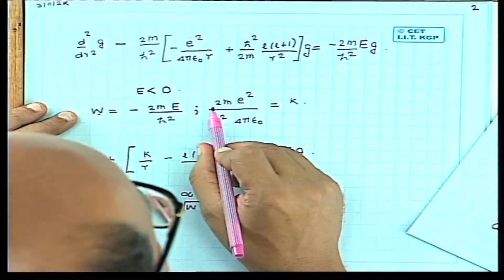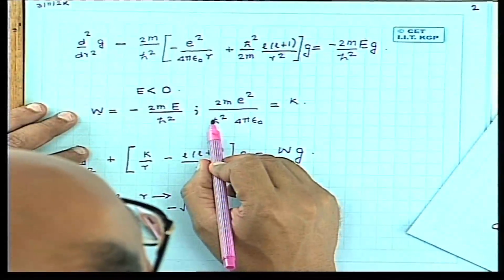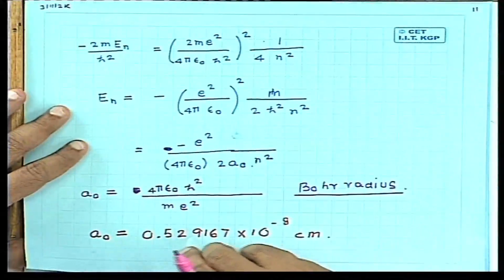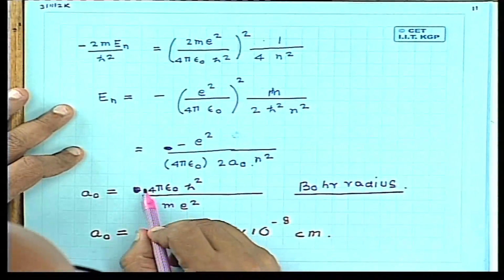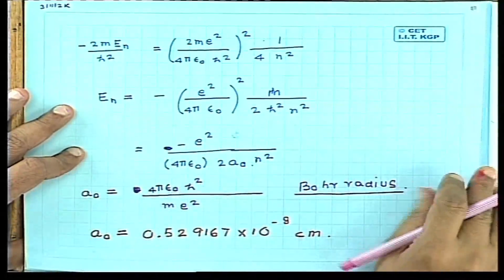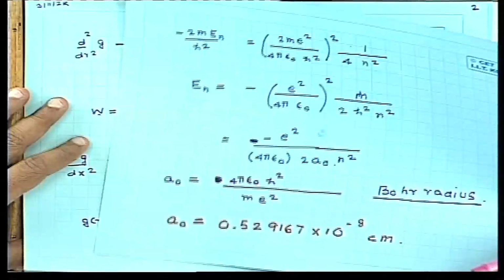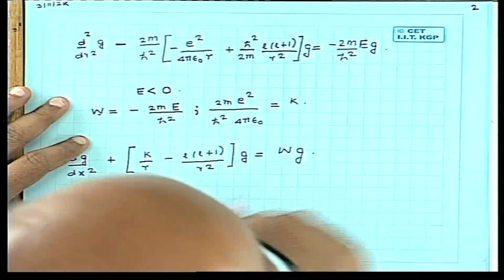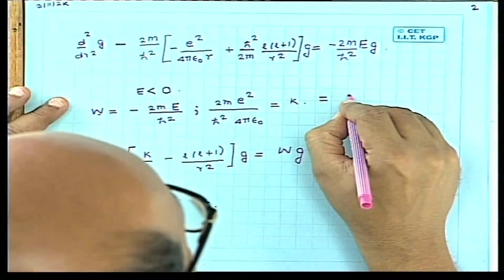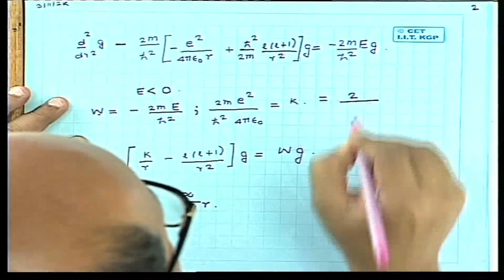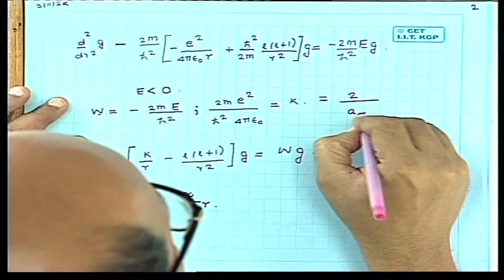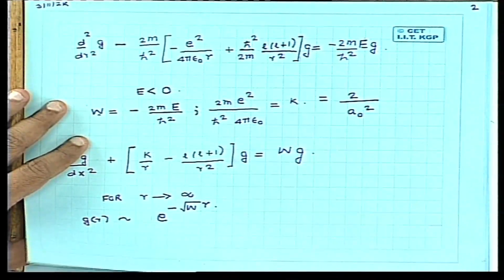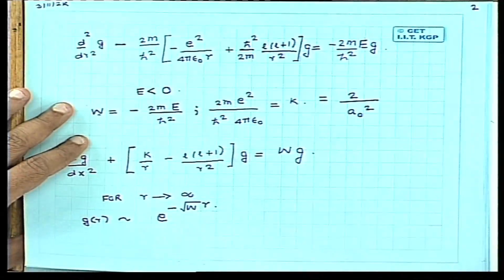So we have m e square by h cross square 4 pi epsilon naught, and the Bohr radius is m e square 4 pi epsilon naught h cross square. So this thing over here is equal to 2 by a naught squared, right.